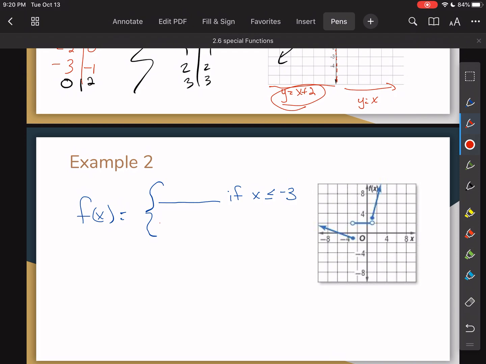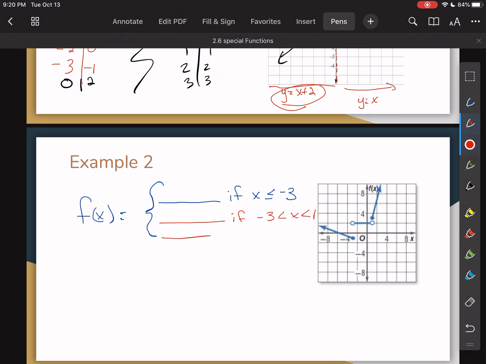Then the second one I will do if x is between -3 and +1, not inclusive. Between -3 and 1. Okay, so that's that second one.